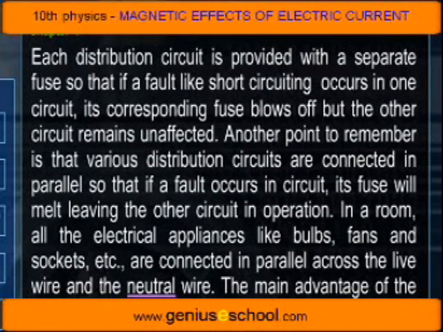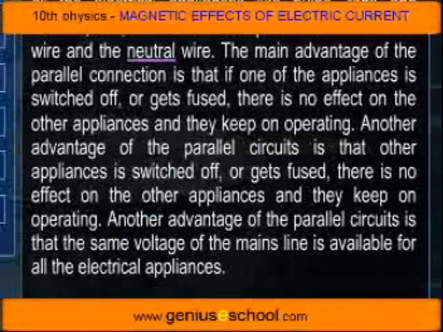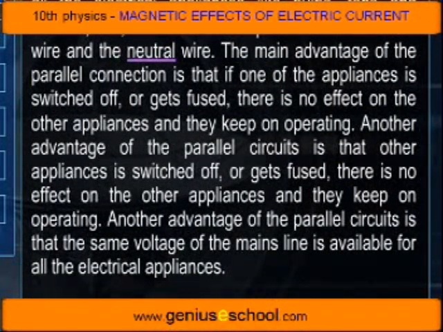In a room, all the electrical appliances like bulbs, fans and sockets etc. are connected in parallel across the live wire and the neutral wire. The main advantage of the parallel connection is that if one of the appliances is switched off or gets fused, there is no effect on the other appliances and they keep on operating.